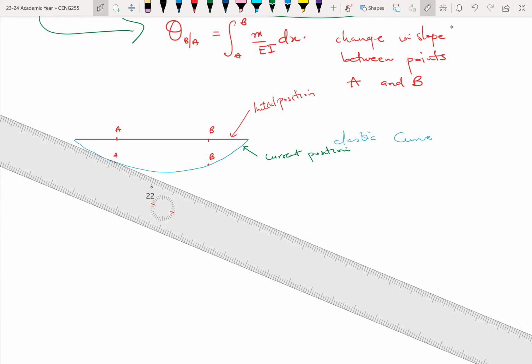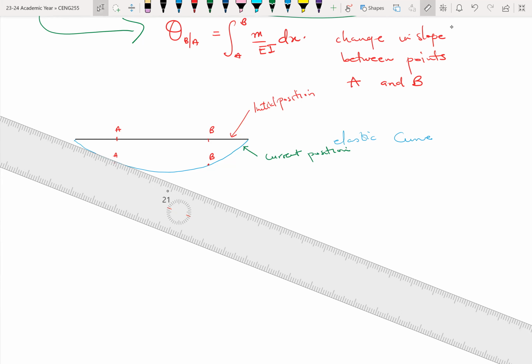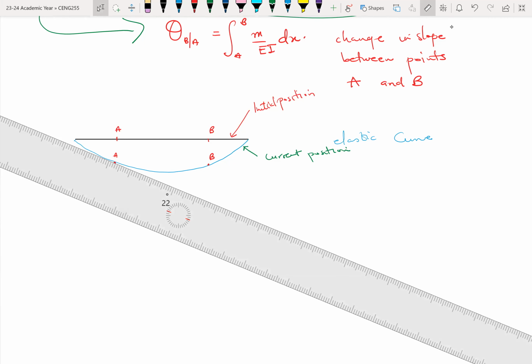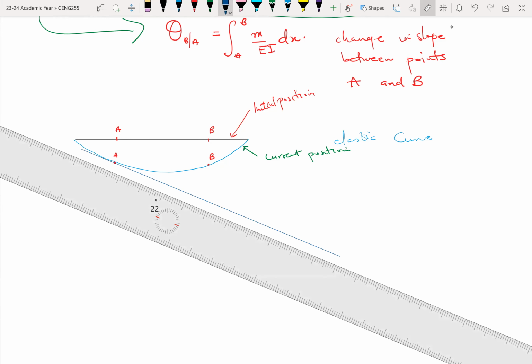Anytime we are finding slope, you are pretty much trying to draw a tangent to a point. That's what we have been doing all this while when we look at slopes with respect to gradient.